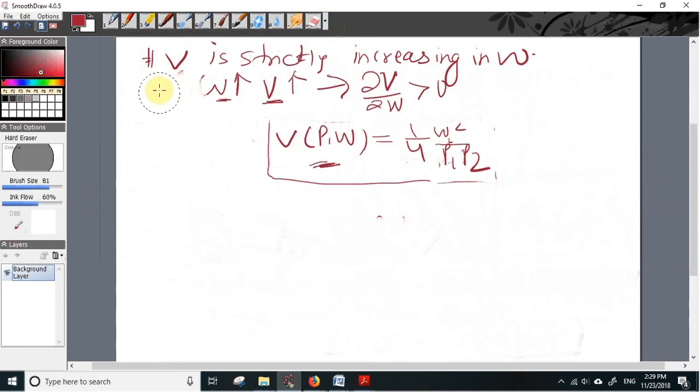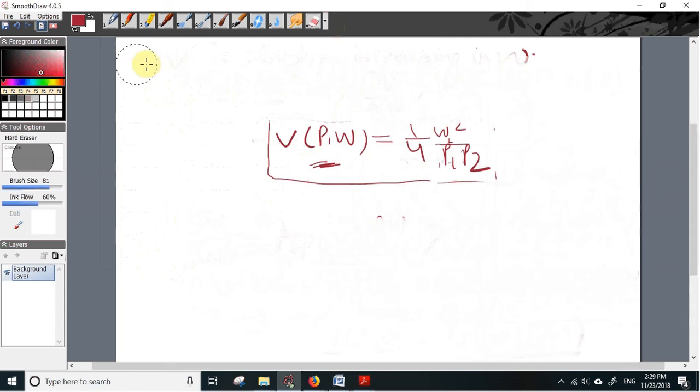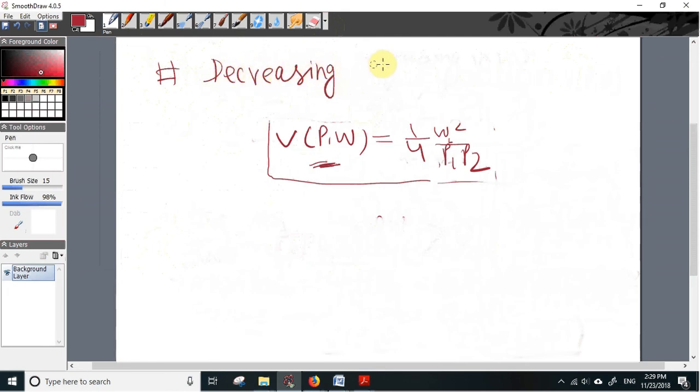The third property says that the indirect utility decreases with the price level, or it is decreasing in P. To show this, we can observe that its derivative with respect to price is less than 0.